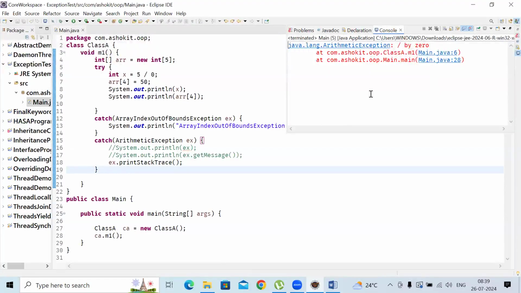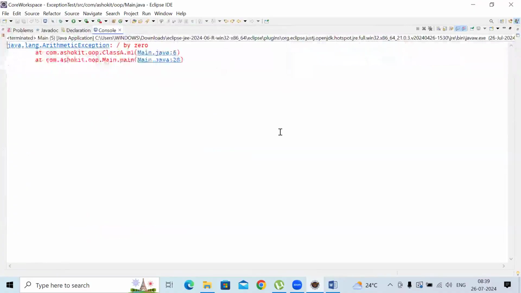Whatever information we got is called the stack trace of the exception. Another way to say it is cascading form.